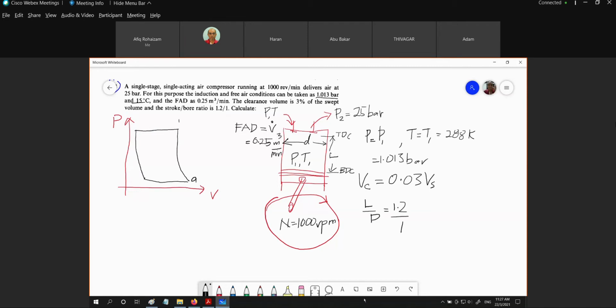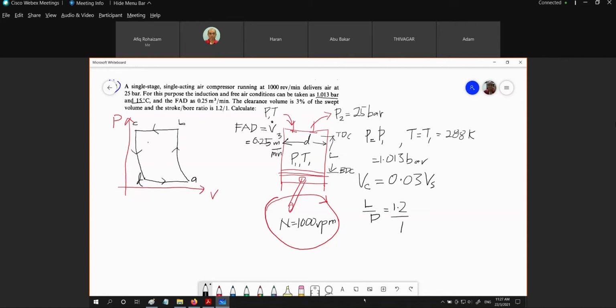A, B, C, and D. Remember to put the arrow on the process. If you look right here, there's no volumetric index.